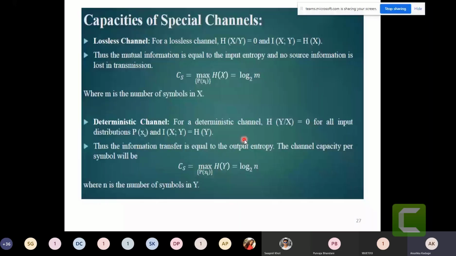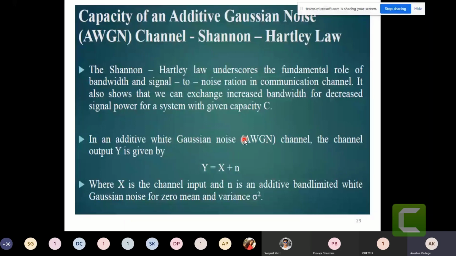This gives the limit for channel capacity in the presence of a noisy channel, and that capacity limit has been put forth by the scientists Shannon and Hartley.